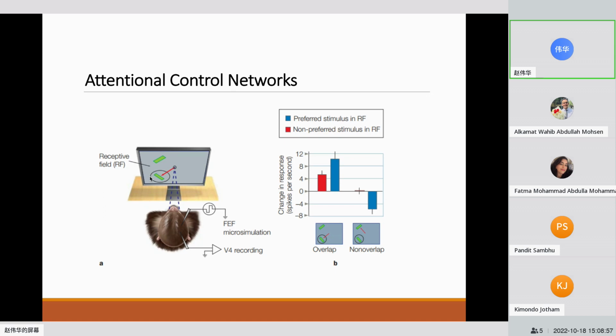At the same time, V4 neurons were recorded. They contrasted two stimuli: one within the receptive field, and the other outside the receptive field.